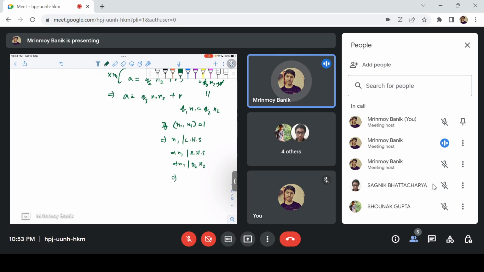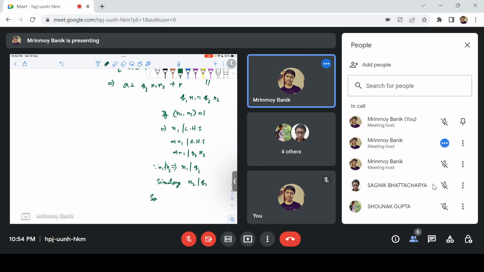And since N1 and N2 have a GCD of 1, N1 can't divide N2, so N1 divides Q2. Similarly, since it's symmetric, N2 divides Q1.